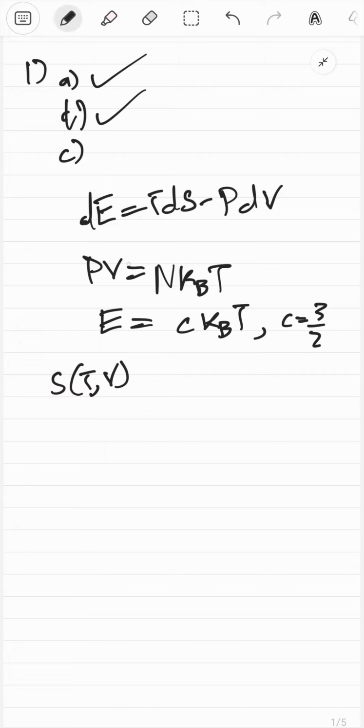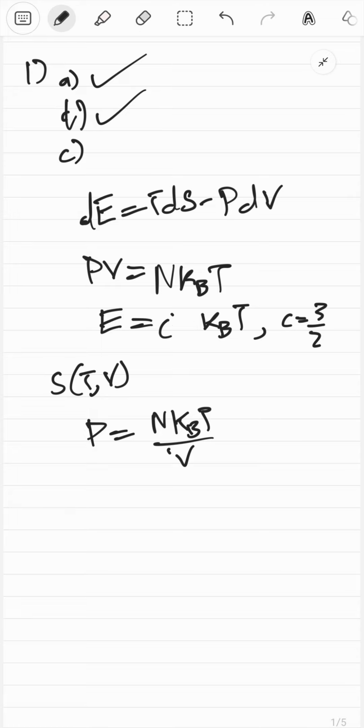First, we don't like P, so eliminate P. P is just N K_B T upon V, right? We don't even want to take the derivative, just put that in. And TdS is okay. What is dE? dE is just C K_B T, I suppose. I'm just going to put an N over there because they have somehow missed it. It should be there.